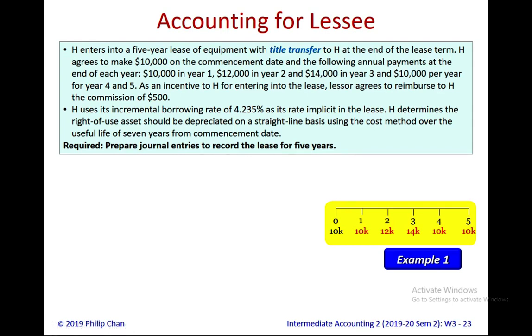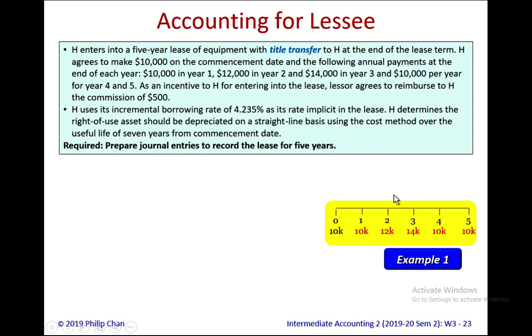Lease payments would be those payments that are fixed payments, variable payments, an option to buy the asset, or a residual value guarantee. But in this question, we only have fixed rental. We don't have variable payments, we don't have purchase options, and we don't have an RVG either. So in other words, it's relatively straightforward.